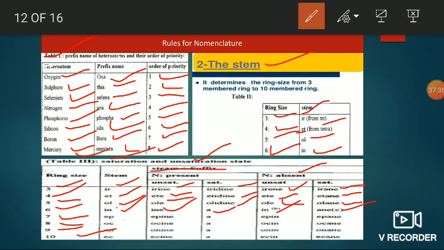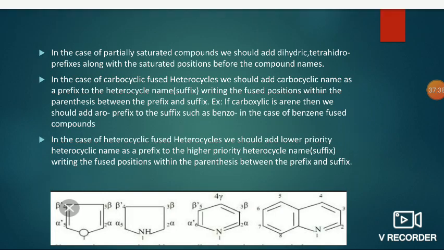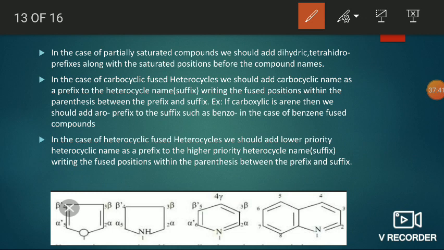Okay, fine. Next, if the heterocyclic compound is partially saturated, then we should add dihydro, sorry, it is not dihydric, dihydro or tetrahydro prefixes along with the saturated position before the name of that particular heterocyclic compound.